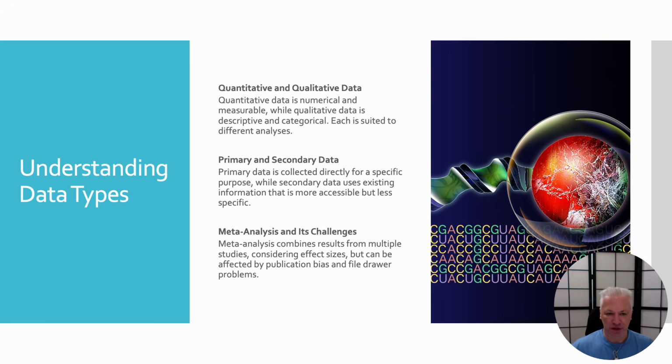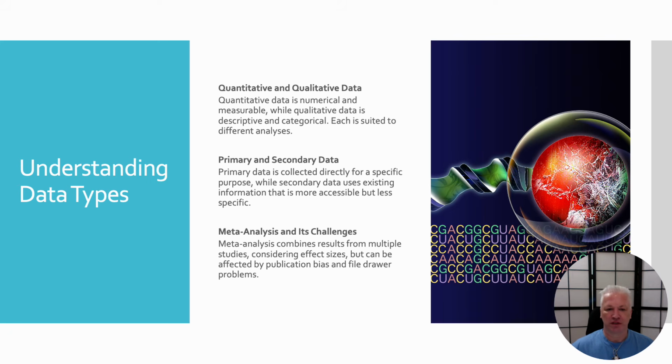So overall, the strengths are it increases statistical power, it identifies consistent effects across studies, and reduces influence of single study bias. The downside is quality depends on included studies. Publication bias can distort findings and combine studies with different methods.